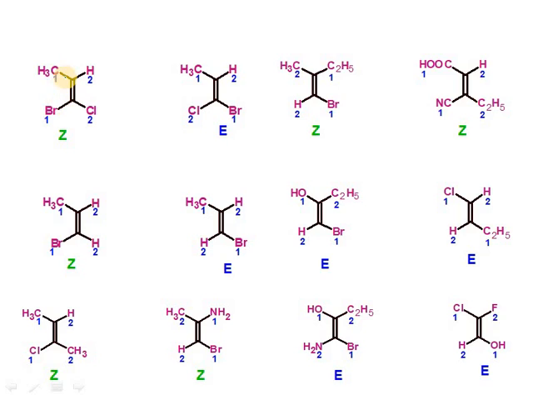So the highest priority groups are on the same side, so it is designated as Z. Secondly, the highest priority groups, this one and this one, are on opposite sides, so it is designated as E.